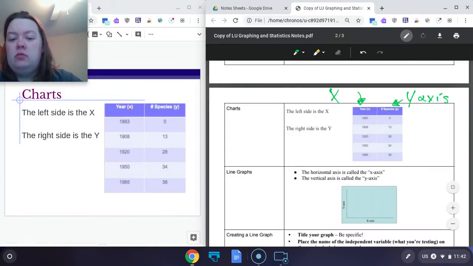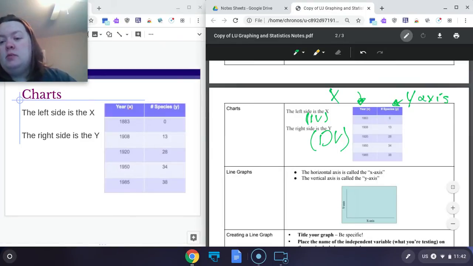Typically also, the left side here, year in this case, is going to be the independent variable. And the right side of your graph here, this is number of species, this is going to be your dependent variable. So if you're graphing results you get in an experiment, this side is going to be the independent variable, and this is the dependent variable.